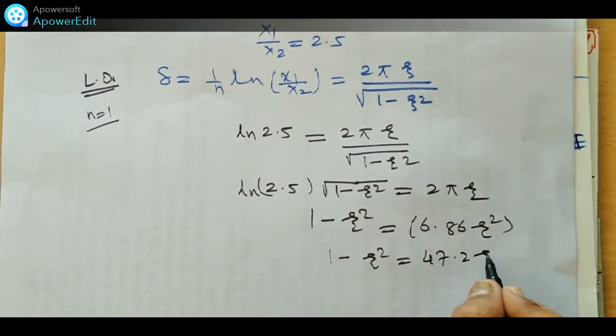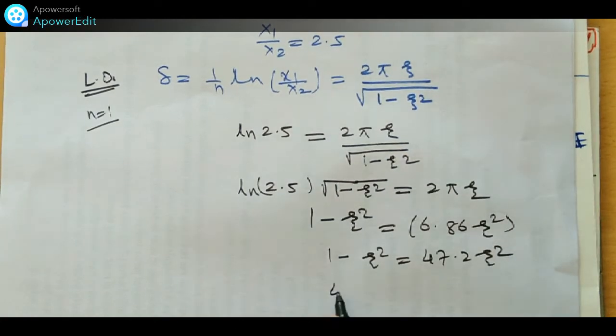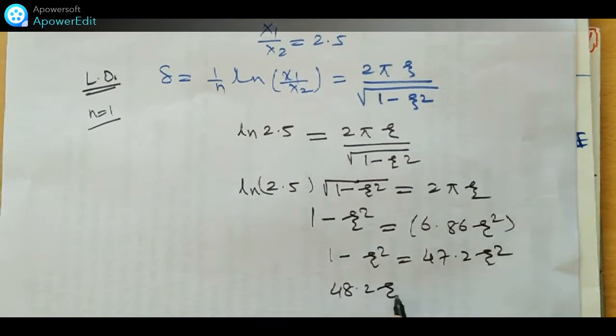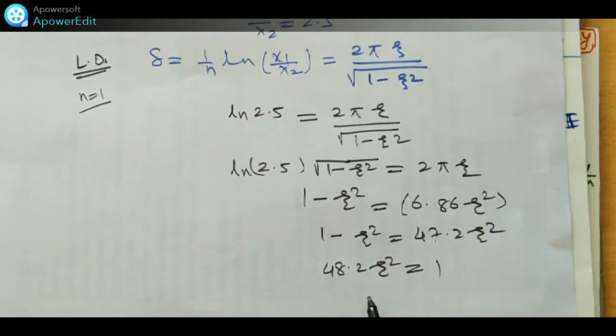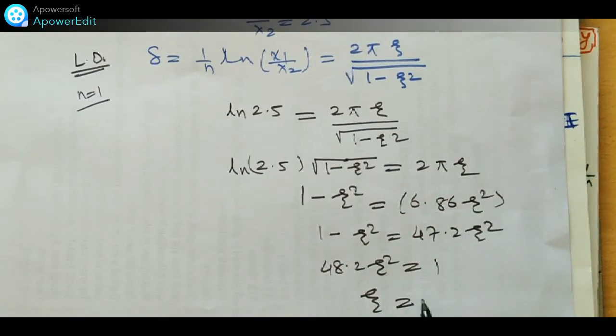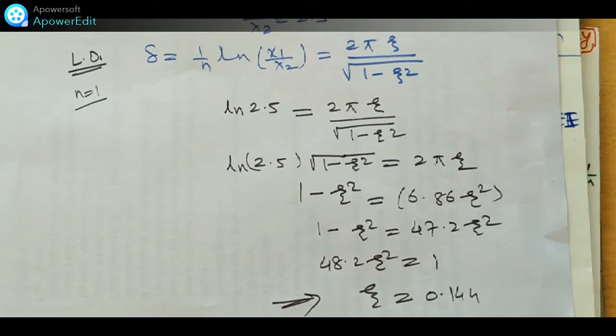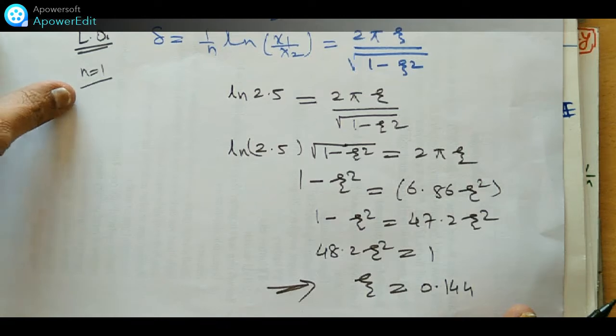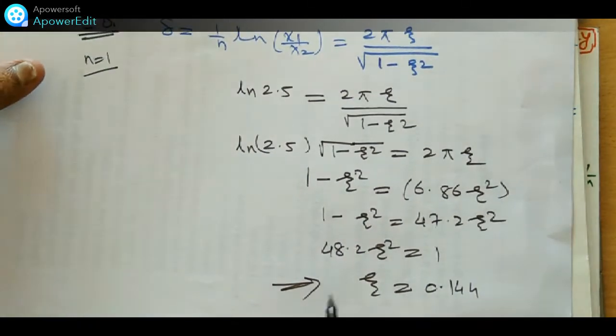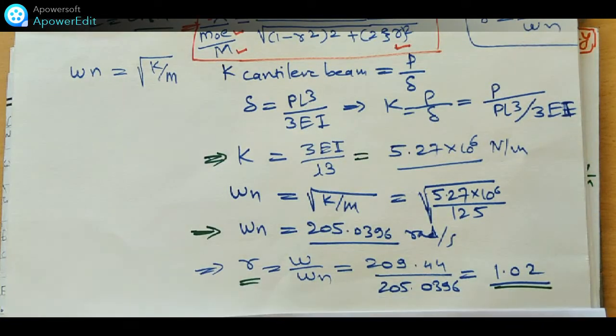So this 48.2 zeta square is equal to 1, zeta now becomes 0.144. This is the damping ratio for this system, 0.144.